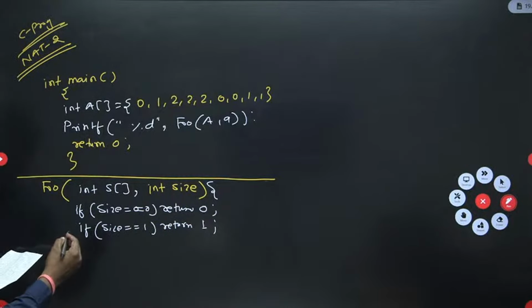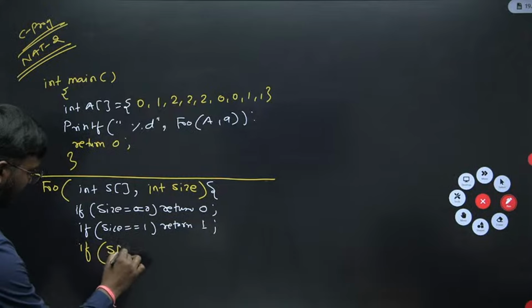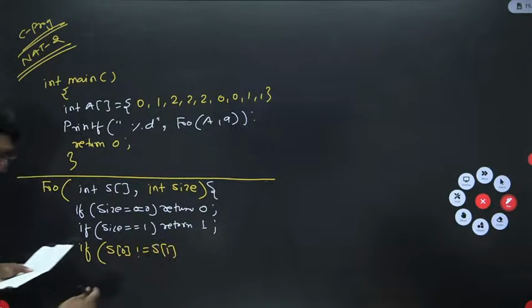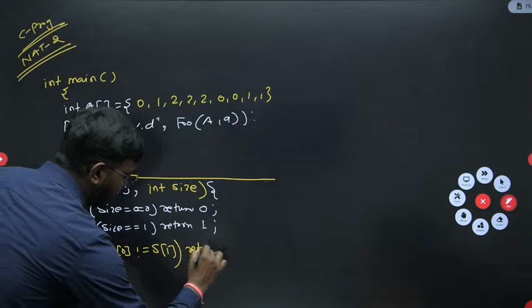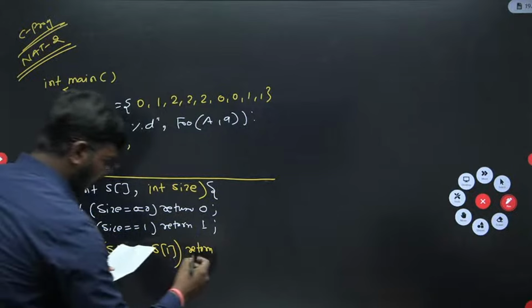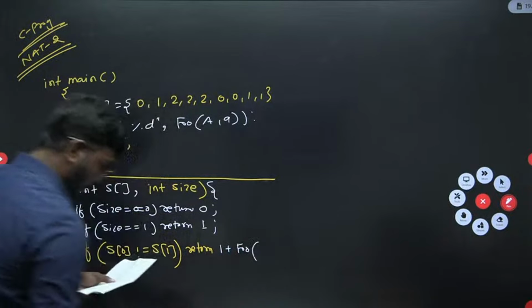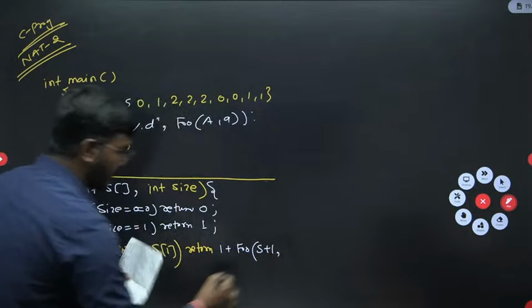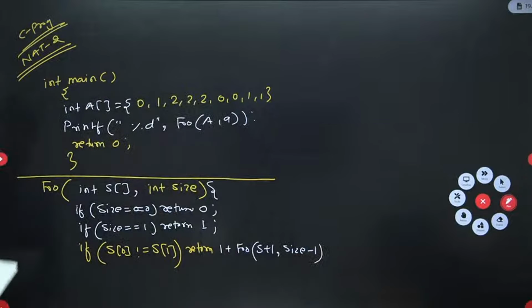Then we have if s of 0 not equal to s of 1. If it is not equal, then we return 1 plus foo of s plus 1 comma size minus 1. Fine.